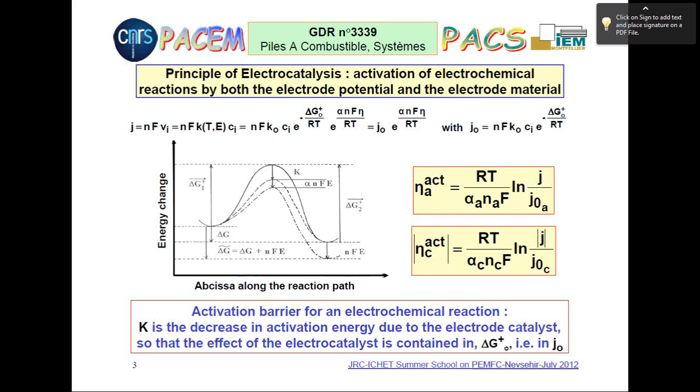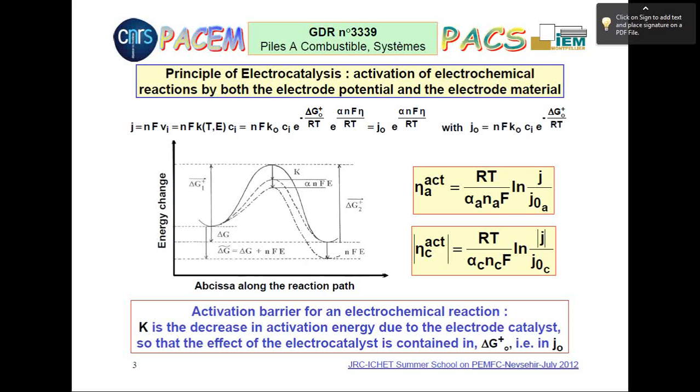Okay, so you can see with this graph, if you apply the Arrhenius law or activated complex absolute theory for the kinetics of a chemical reaction, you have the initial state, the final state, and you have the barrier. To go from the initial state to the final state, you have to overcome the energy of the barrier.